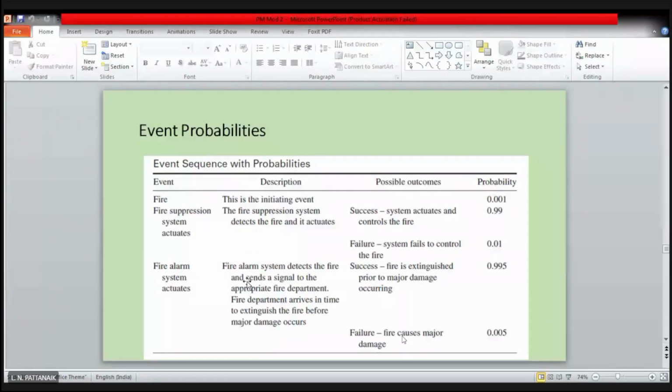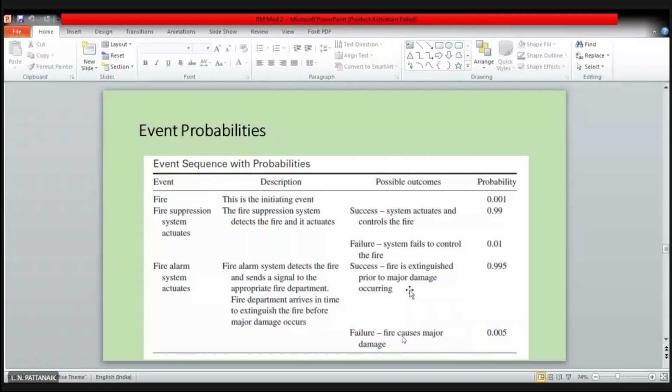Then, what is the probability that the fire suppression system will actuate? Again, this is a very well designed and placed system, so the success probability is almost 99%. In 99% of cases, it will be actuated and it will work. But still, there is a 0.01% probability that it may fail to actuate. Similarly, you have the fire alarm system, the second event.